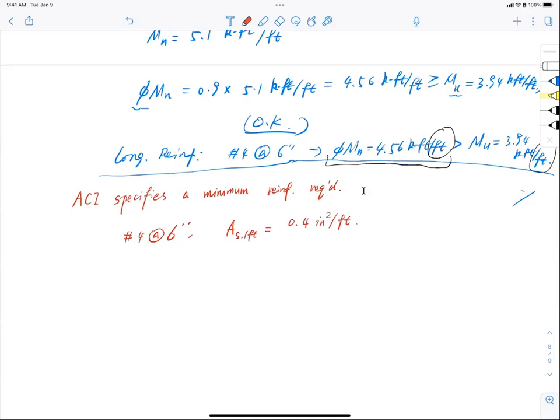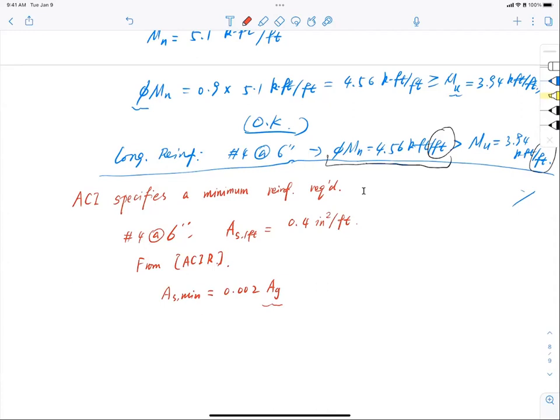And from ACI, there is another minimum requirement. It's actually in the ACI commentary, the ACI revision. The minimum requirement, As minimum, is 0.002 Ag. Now in this equation, 0.002 is a coefficient, just a constant.